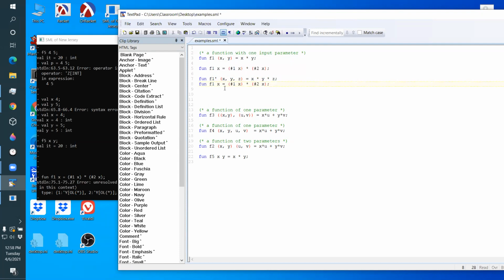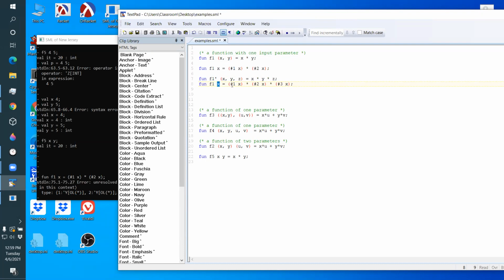Well, then F1 prime would take in 1 thing. It's a triple, so it's going to take the first thing in the triple times the second thing in the triple times the third thing in the triple. Now, the trouble is ML doesn't know if this is a double, a triple, or a quadruple. There's nothing that told it.